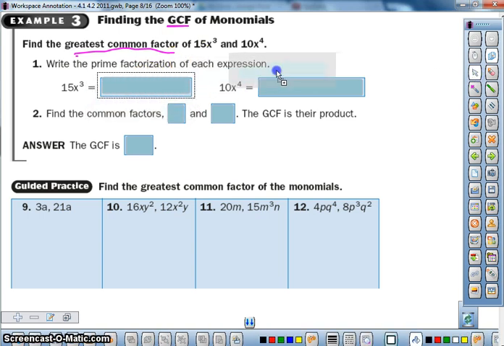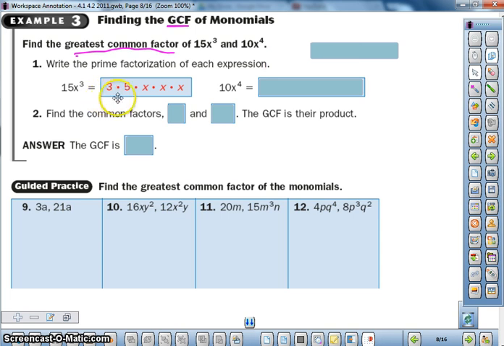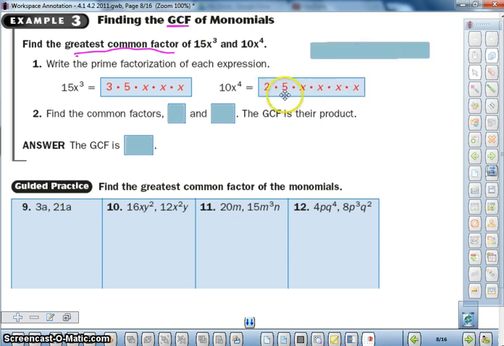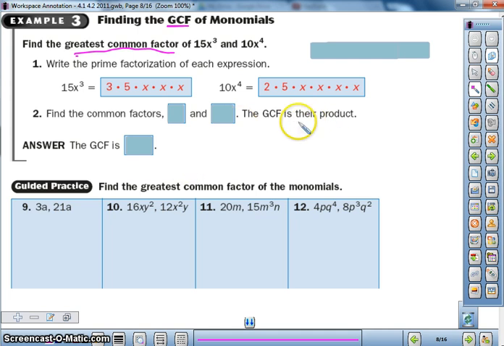The prime factors are going to be 3 times 5 and then 3 x's. This is what you may be seeing in your quiz today, where I ask you to write out the expanded form. Well, what is 10x to the fourth? 10x to the fourth is 2 times 5, and then there are 4 x's.